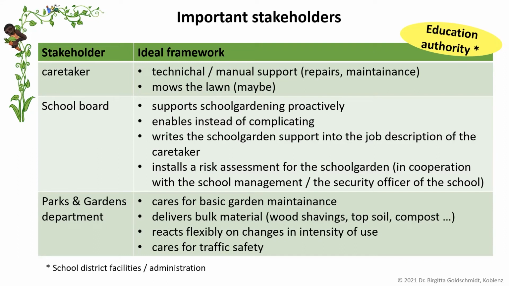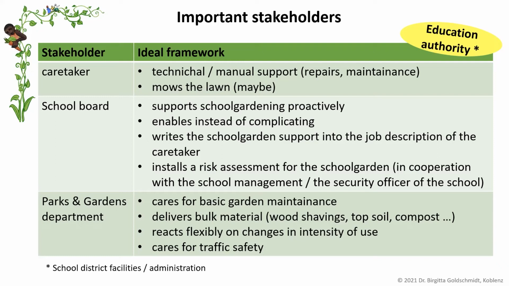It enables things instead of complicating them. Often you ask the school, can I do this? Can I do that? And they say, oh, it's a little bit complicated, and sometimes they are not very helpful. A good school board helps the actors at the school and enables things.